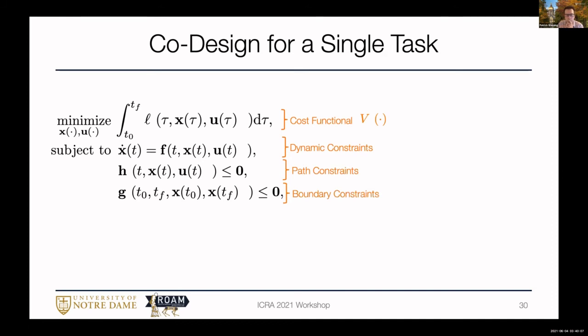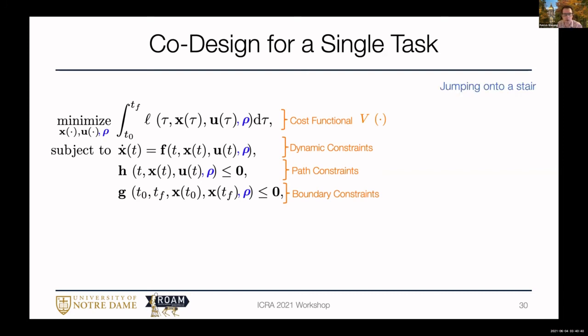And usually you're only optimizing state and control because your design is given. But we could add in some additional parameters that maybe represent link lengths and motor gear ratios. If you change those parameters, it's going to change your cost. Maybe it takes more energy if you have a lower gear ratio, or it definitely affects your dynamics, right?